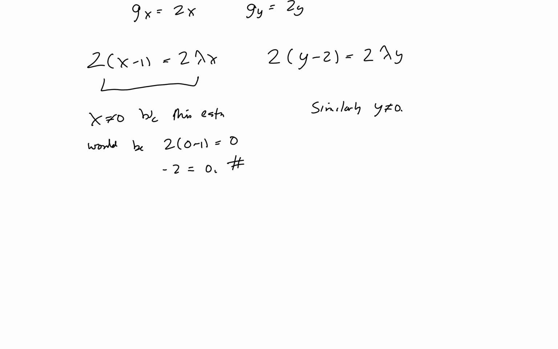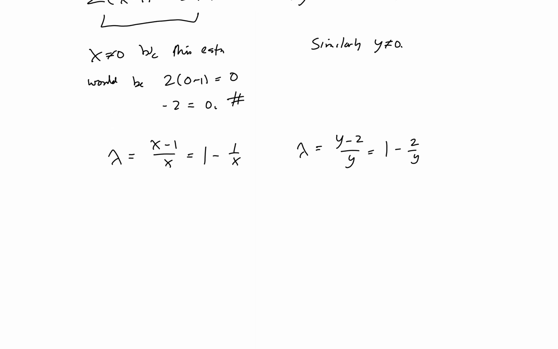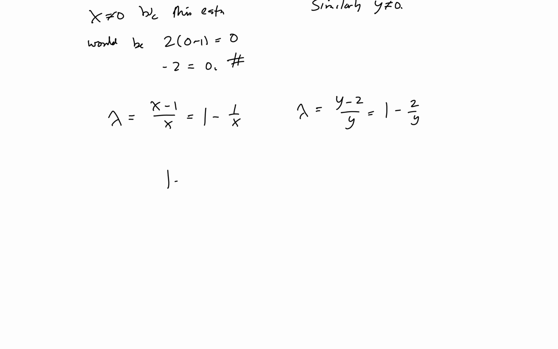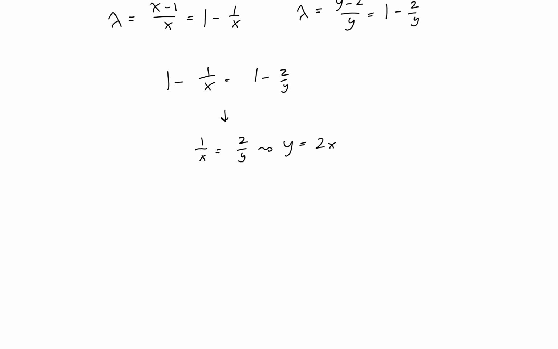So that means I can solve for lambda. From the first equation, canceling the 2's, I have lambda equal to (x minus 1) over x, and from the second one, (y minus 2) over y. These are equal to each other because they're both equal to lambda. So this gives me 1 over x is equal to 2 over y, or y is equal to 2x, just cross multiplying.